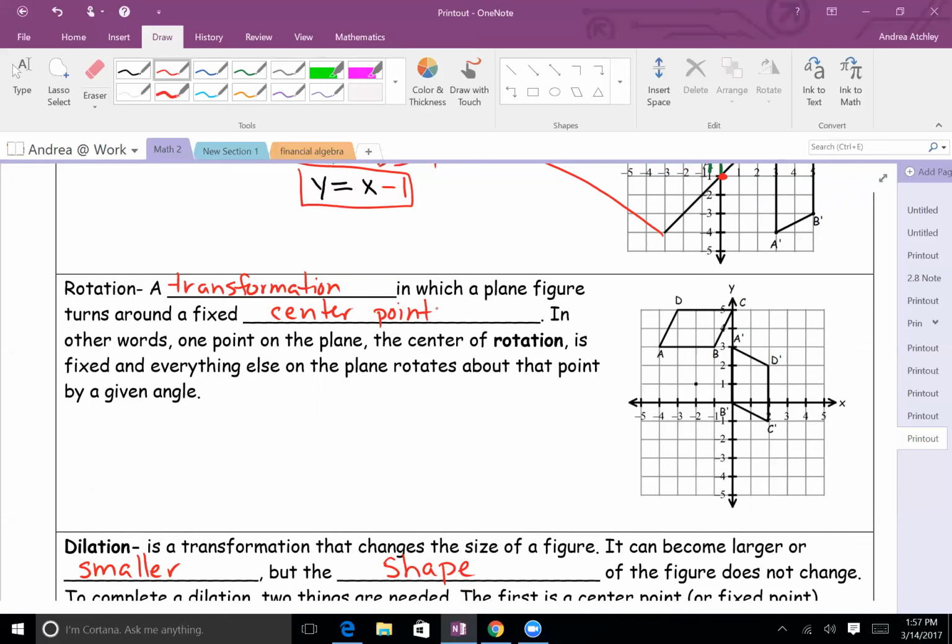So here is our center of rotation. It was -2 and 1. The center of rotation is -2 and 1.